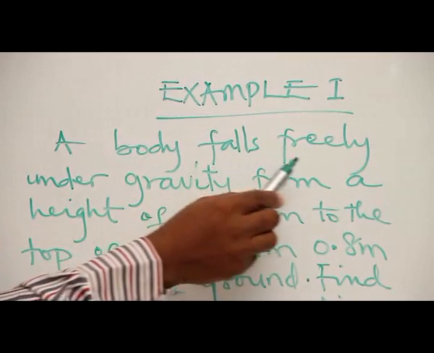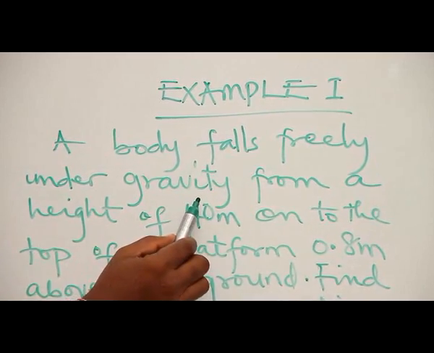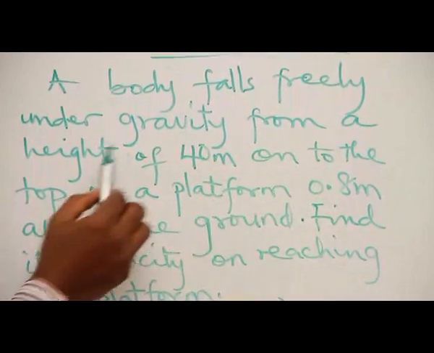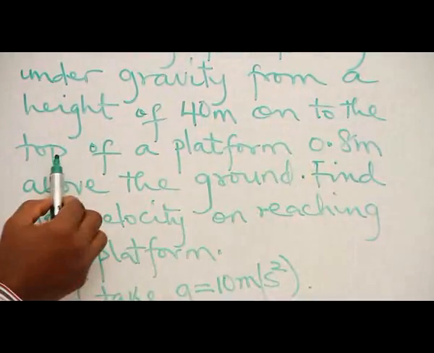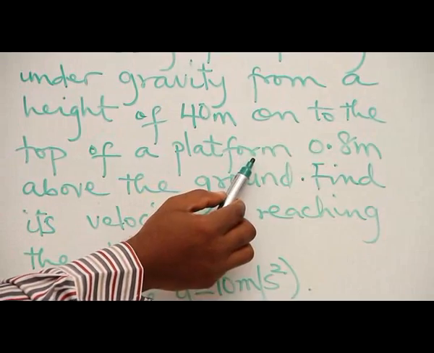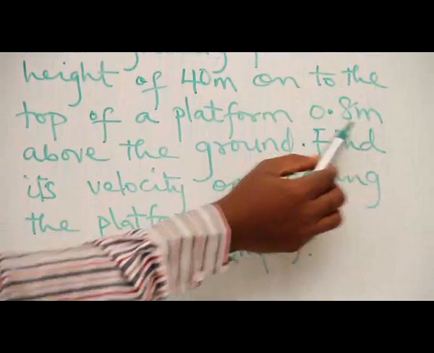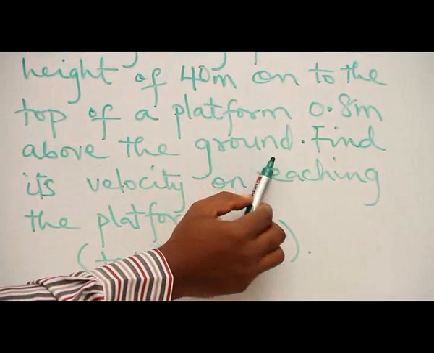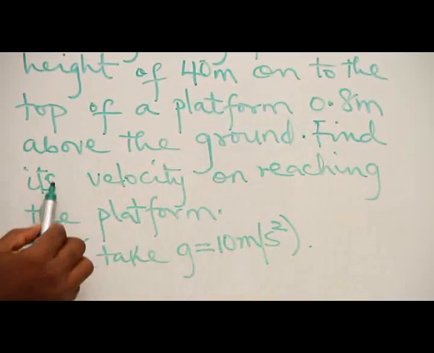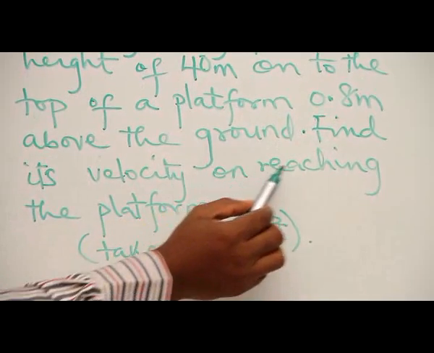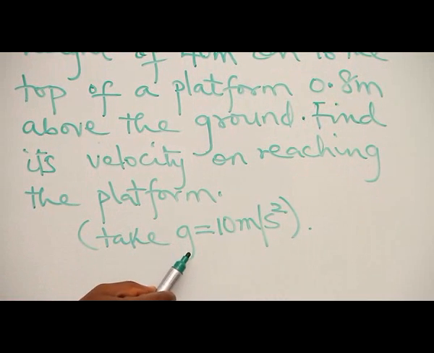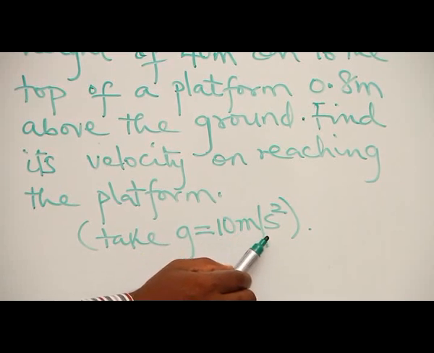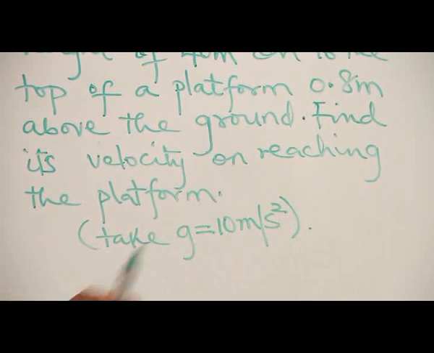A body falls freely under gravity from a height of 40 meters onto the top of a platform 0.8 meters above the ground. Find its velocity on reaching the platform. Take acceleration due to gravity g to be 10 meters per second squared.